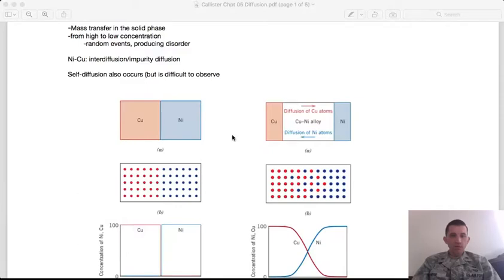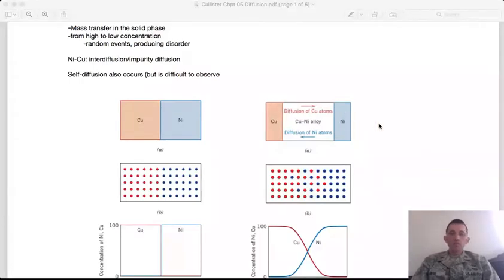To use this interface here between copper and nickel as an example, at the beginning you may have solid copper in contact with solid nickel, and at the interface you have random interchange of copper and nickel atoms, and that interface becomes blurred, as randomly over time nickel atoms will move into the copper and copper atoms will move into the nickel.